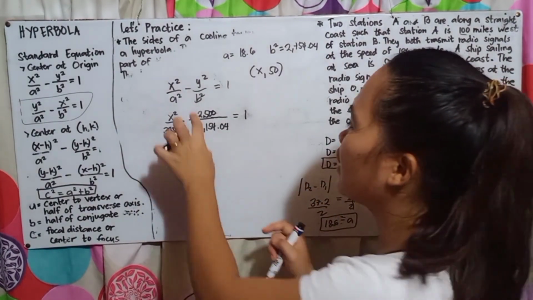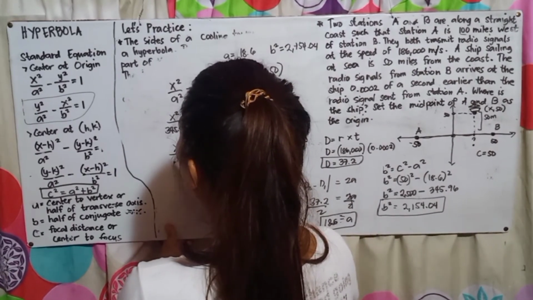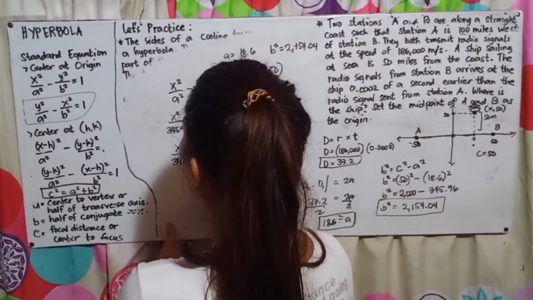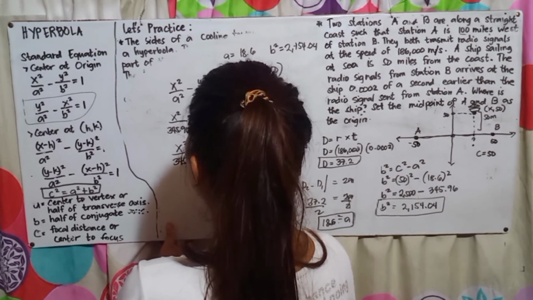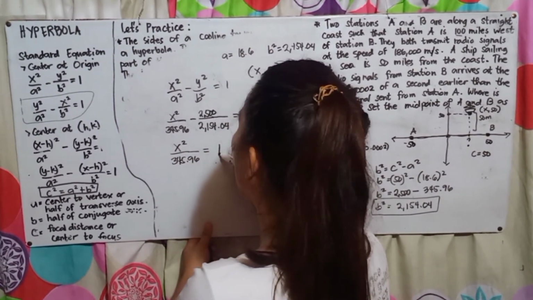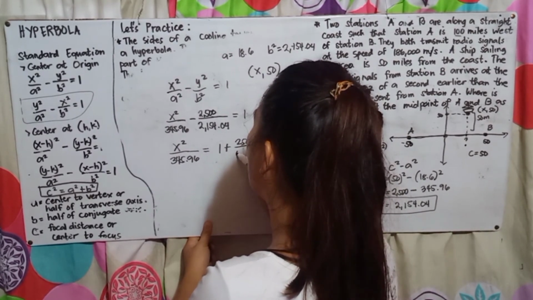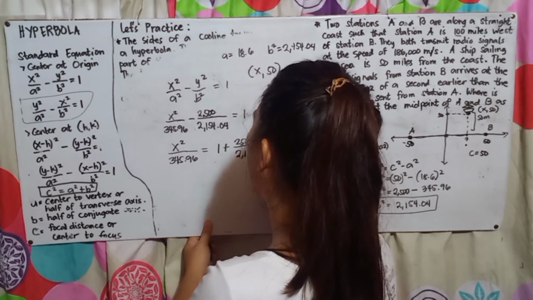So we move this to the other side. x squared over 345.96 equals 1 plus 2,500 over 2,154.04.